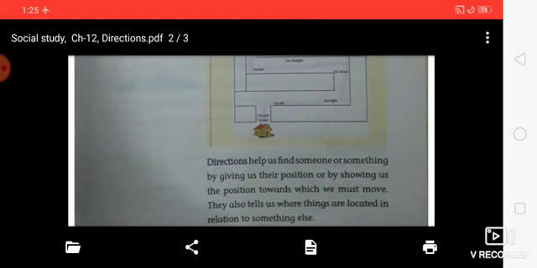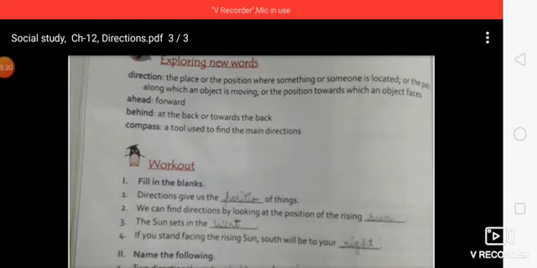The oldest and simplest type of compass was made around 2000 years ago in China. Directions help us find someone or something by giving us their position or by showing us the position toward which we must move.